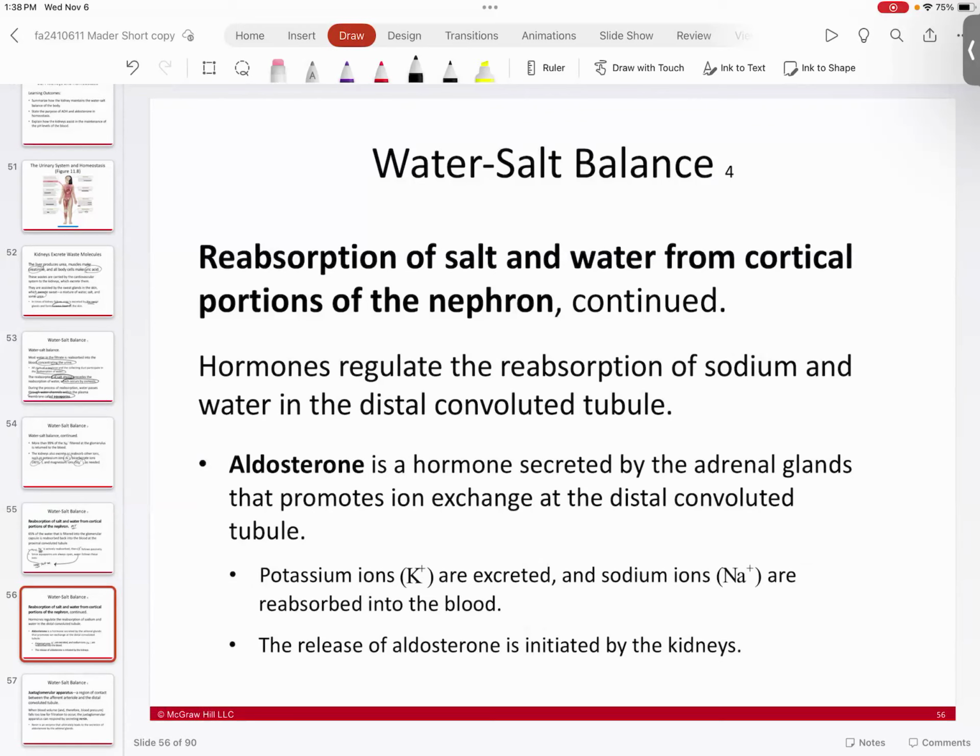Now, there are some hormones that regulate this, that will allow you to manage, especially the reabsorption of sodium, right? So for instance, aldosterone, which we talked a little bit about before, is going to be the main hormone. It's secreted by the adrenal glands. And this will basically allow you to retain sodium.